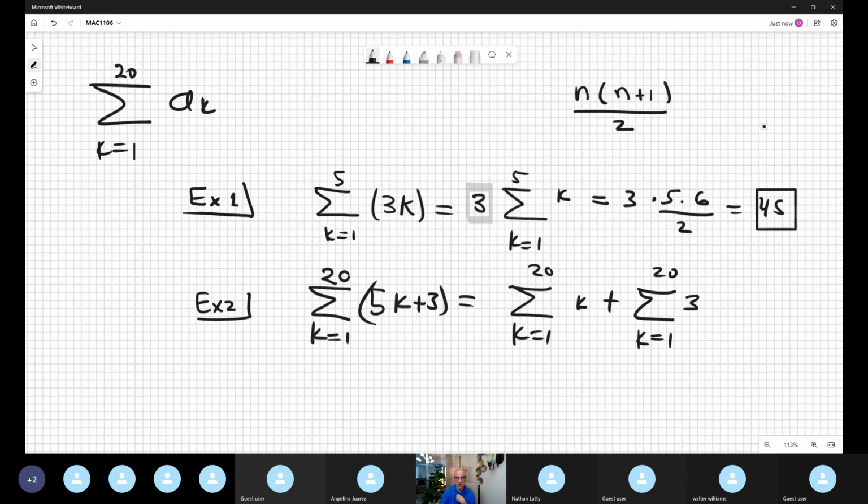You put the 5 outside. And we focus on this, and we focus on this. This is exactly the same as this: 5 times 20 times 21 divided by 2. Do you understand where I get 20 and 21?